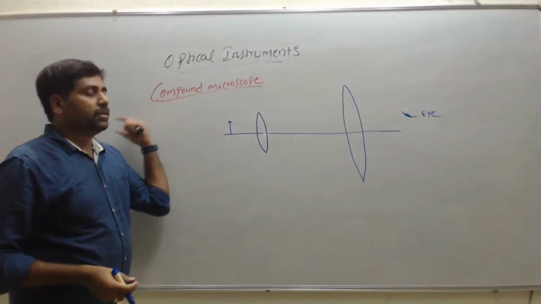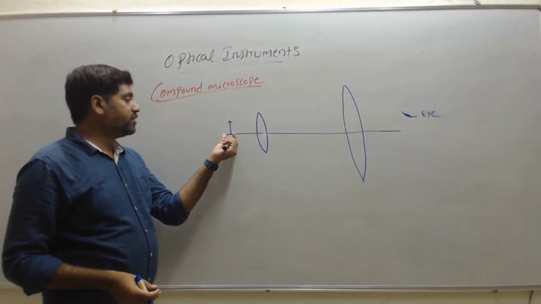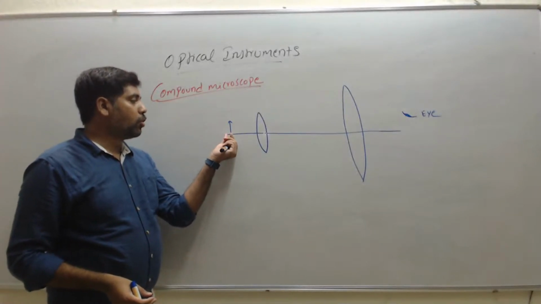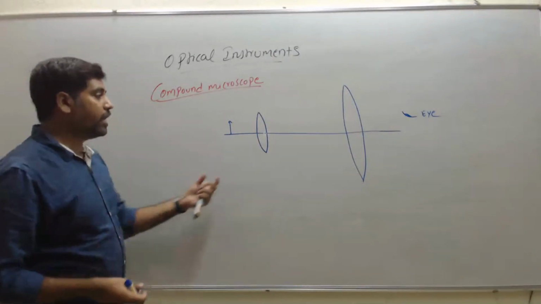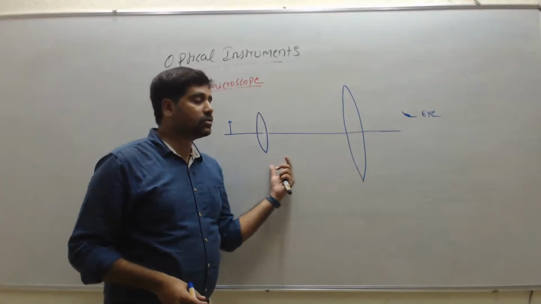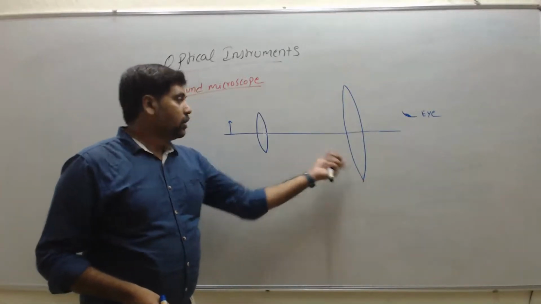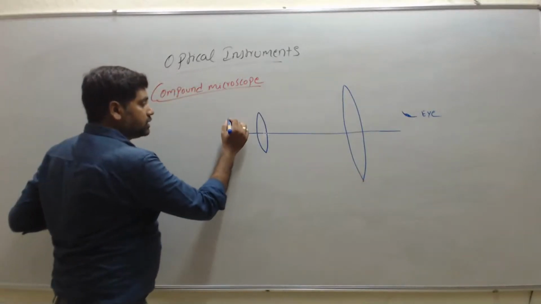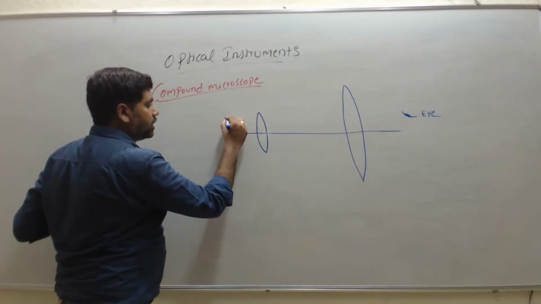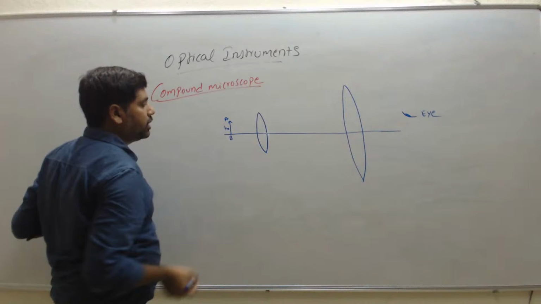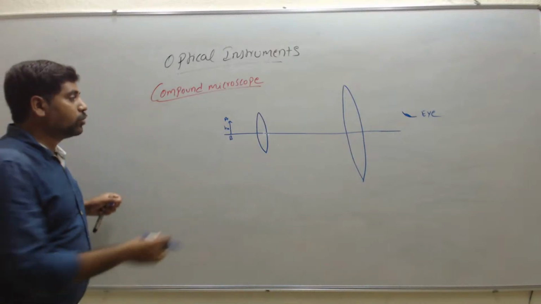As in the simple microscope we placed only one convex lens between object and eye, here we have taken two convex lenses of different focal lengths. This is the object, AB.